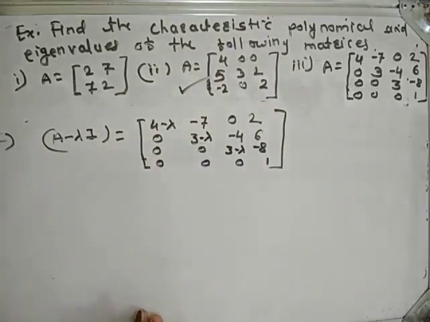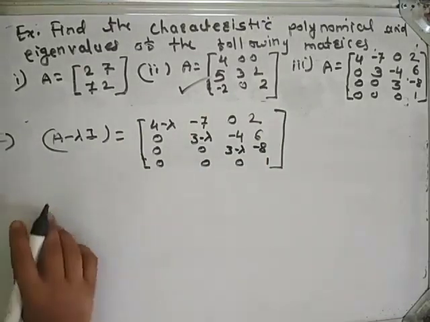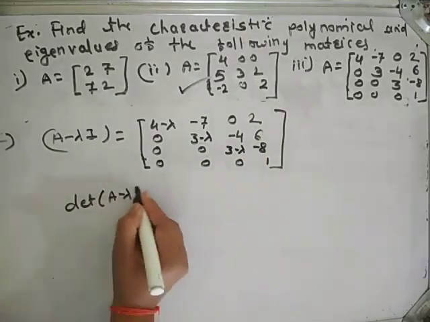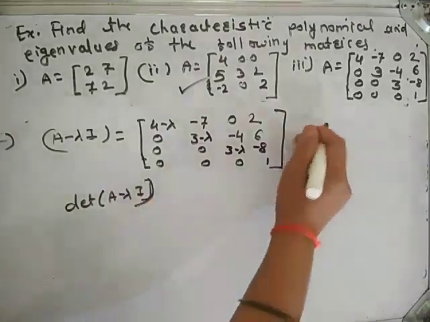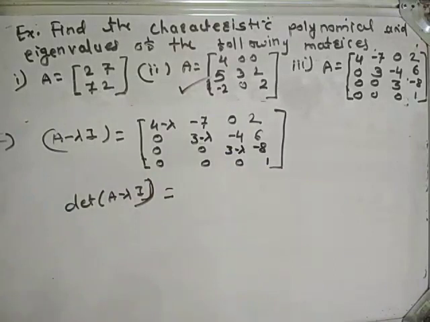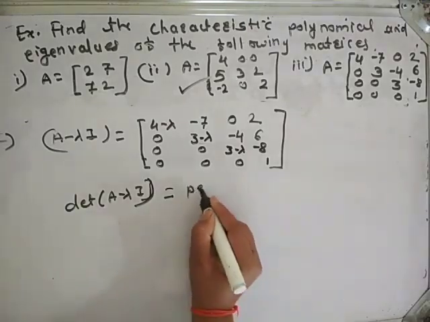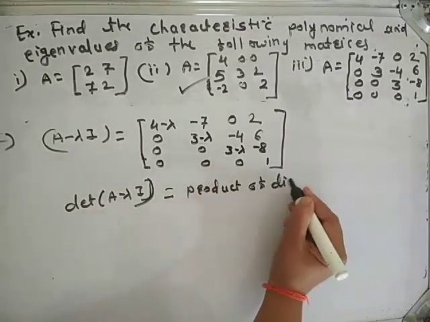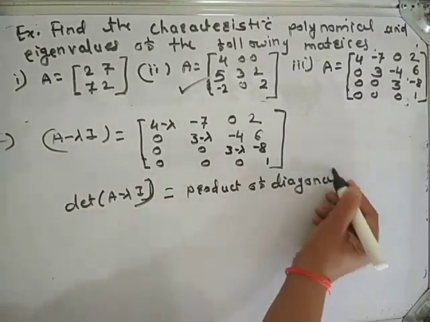Okay. So determinant of A minus lambda I. See here students, this is a triangular matrix, and in the first semester we have seen that the determinant of a triangular matrix is the product of the diagonal elements.